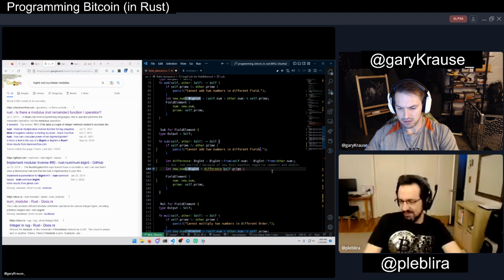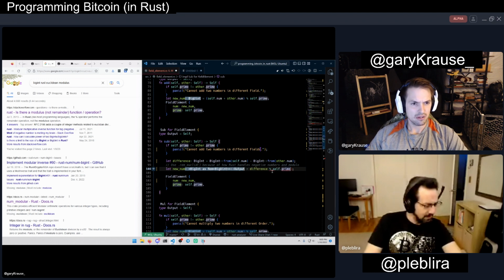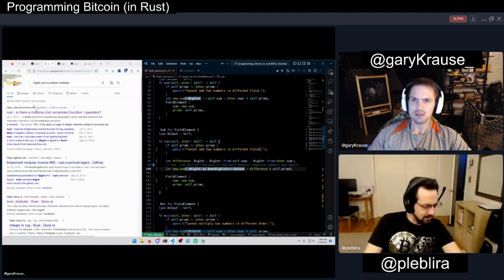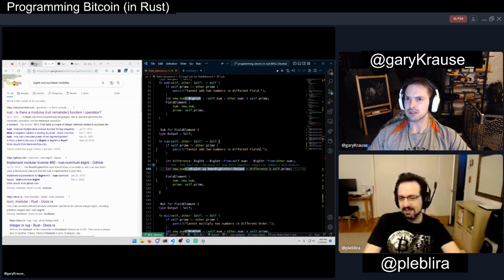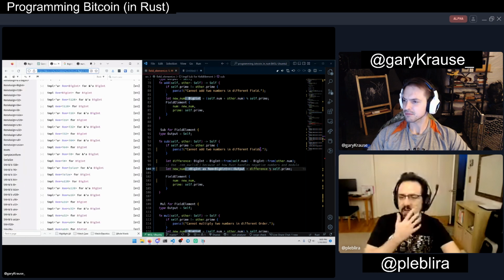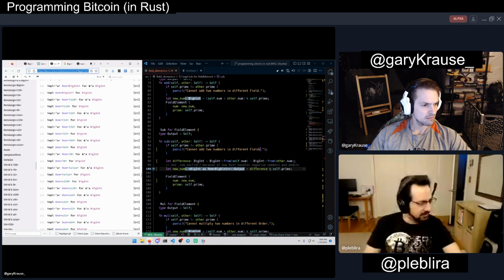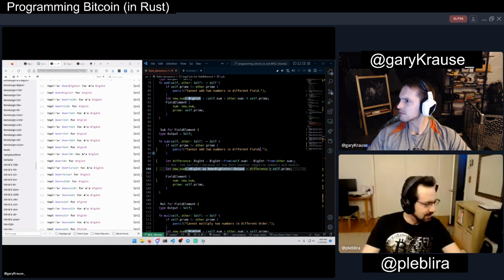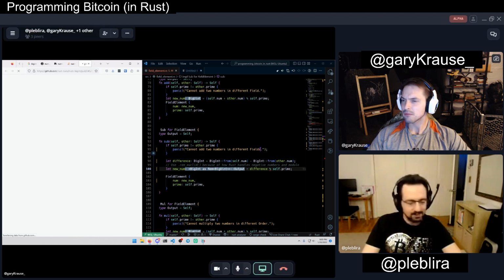Okay. I feel like BigInt does have the rem_euclid. Is it just called something different? Look at this. Yeah, look at this address I sent you. It's the source code for BigInt. Like line 484, for example.